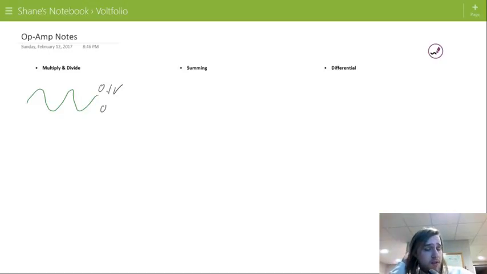This is reasonably small, and we want to scale it so it uses the entire capability of our Arduino ADC. That is 0 to 5 volts. It's not negative, it's 0 to 5 volts.